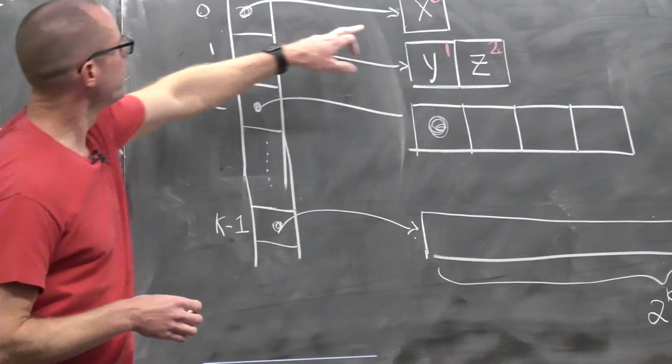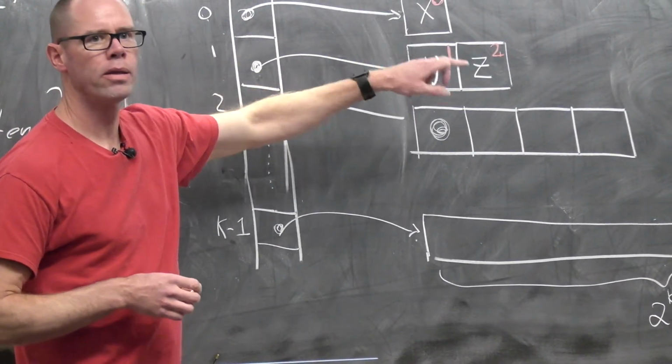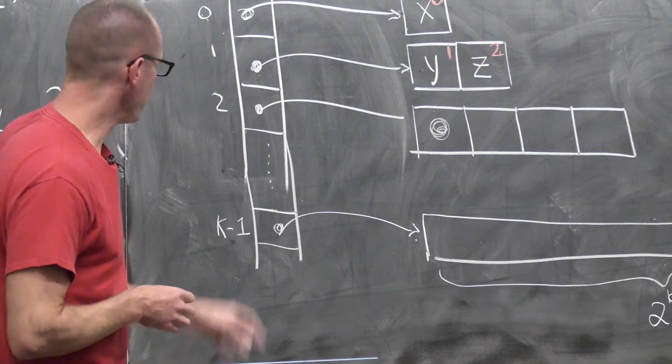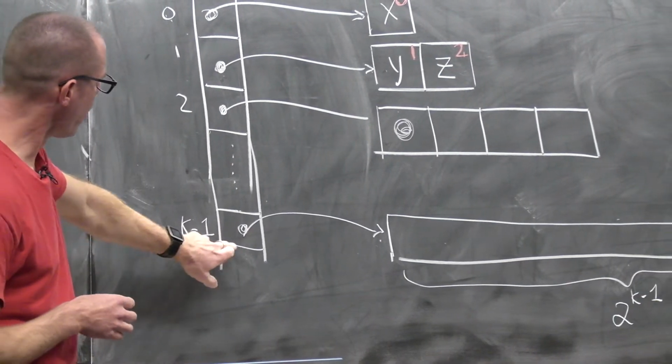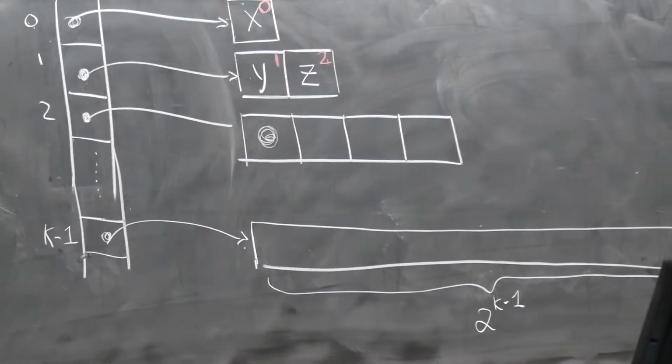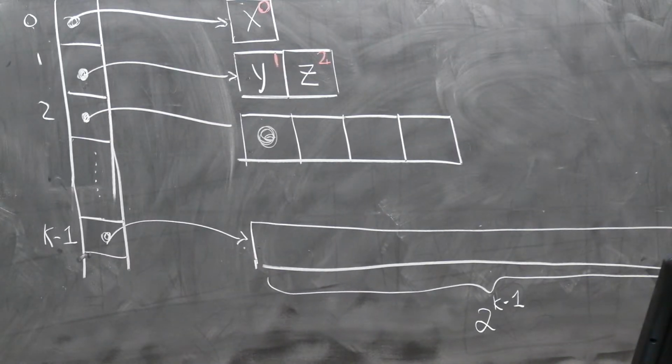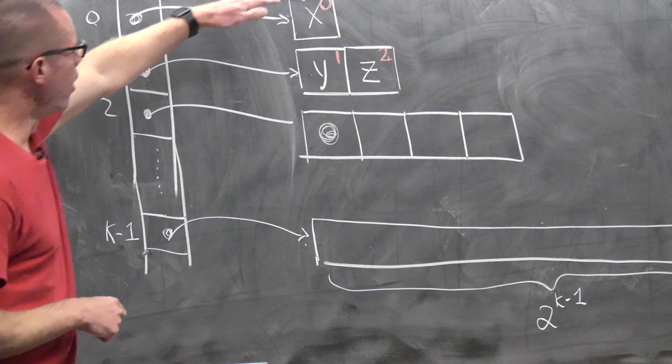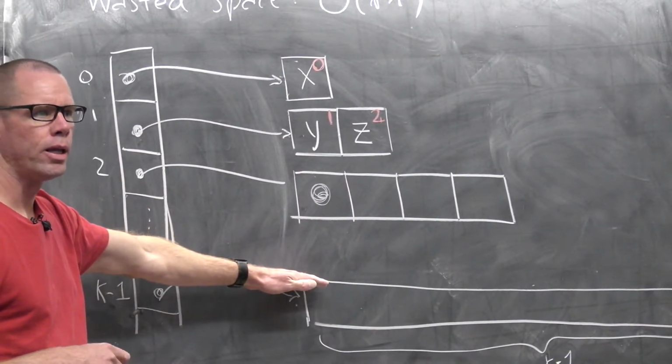This has size 2 to the 0, this has size 2 to the 1, this has size 2 to the 2. So the k minus 1th one must have size 2 to the k minus 1. And when that was allocated, it was because all of these other ones were full leading up to this.